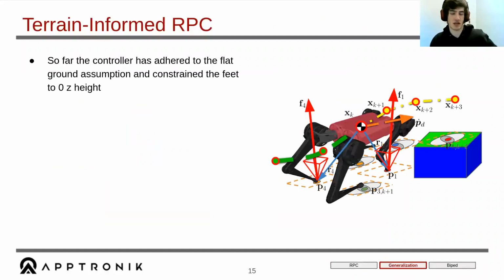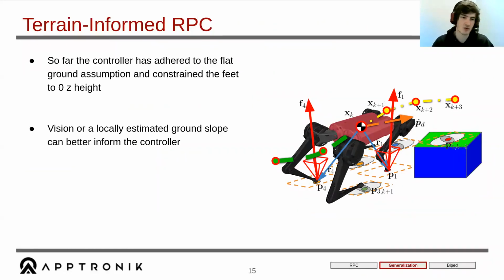So how do we add vision? How do we deal with different terrains? So far, everything that I've shown has been assuming 0 ground height, but we can use vision or some kind of local ground slope estimation to better inform the controller.